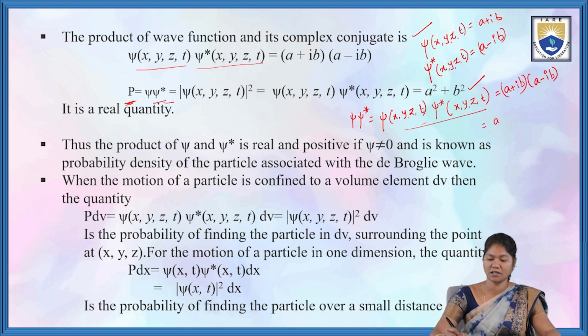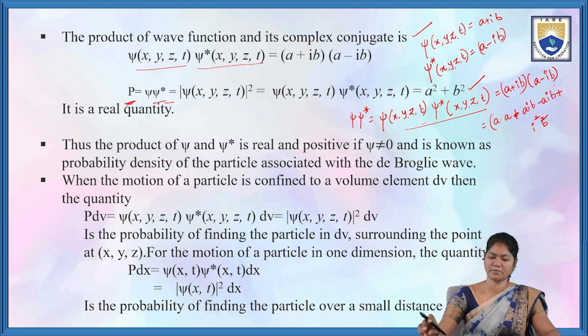Here, a plus ib into a minus ib: a into a, then plus a into ib, minus a into ib, plus i square b square.